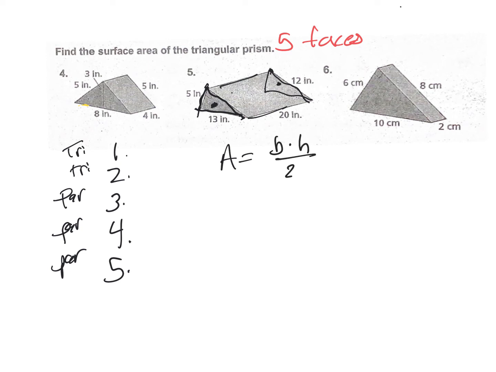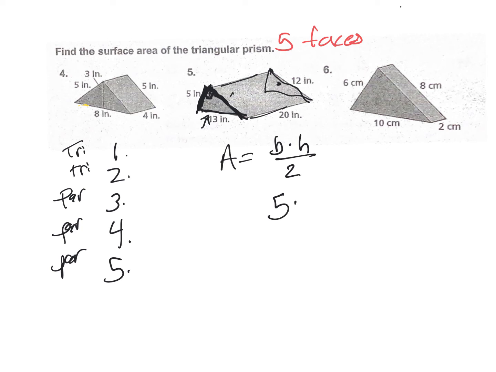Now, one of the very important things when you find a triangle is that the base and the height are touching a right angle. So that means I need this one and this one. This 13 doesn't affect me. I just need this 5. So that's the base, 5 times. Now I have to look at this right here.